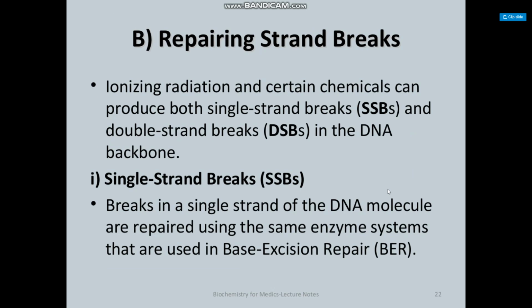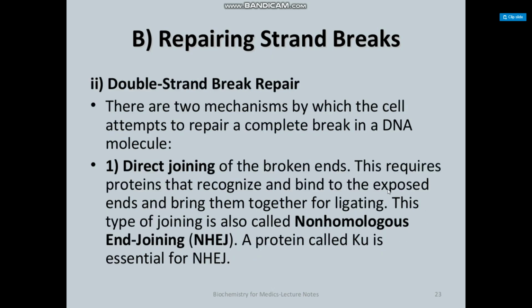Repairing strand breaks: radiation and certain chemicals produce both single-stranded breaks and double-stranded breaks in the DNA backbone. Single-stranded breaks are repaired by the same enzymes as base excision repair. For double-stranded breaks, there are two mechanisms by which cells attempt to repair a complete break in the DNA molecule.